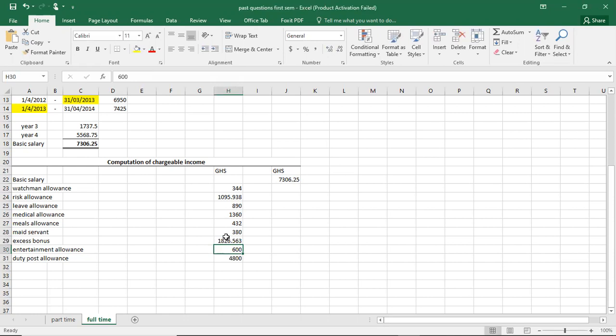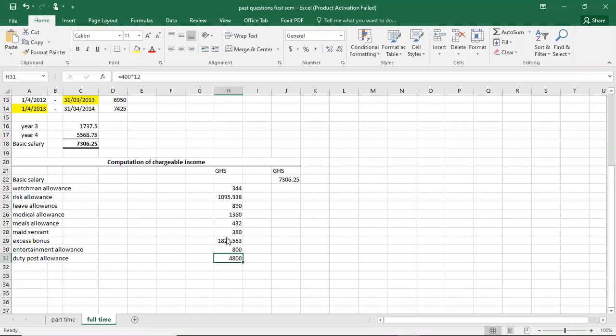So from the excess bonus, you have entertainment allowance of 800 per year. And the entertainment allowance, if it is silent, it is assumed it is unaccountable, or you don't account for it. And so therefore, you add it to your chargeable income.